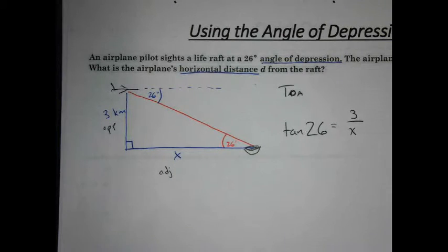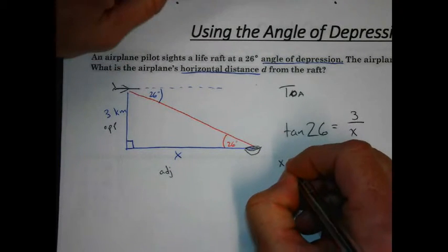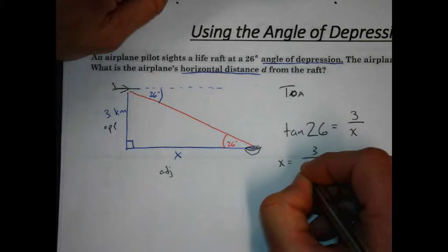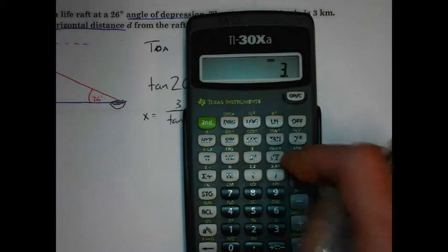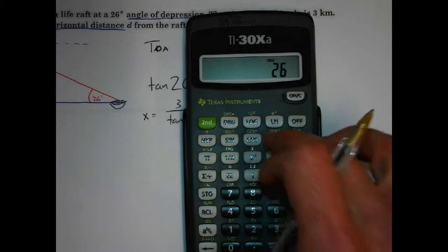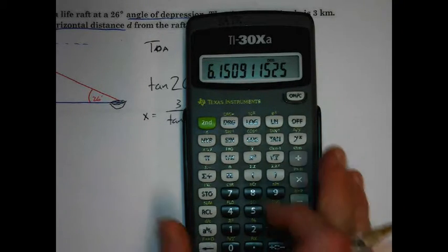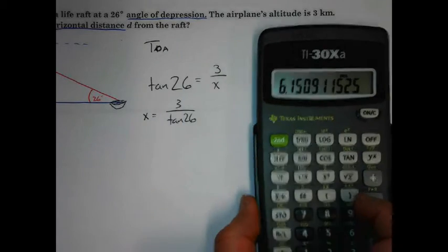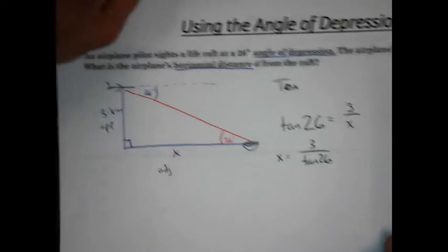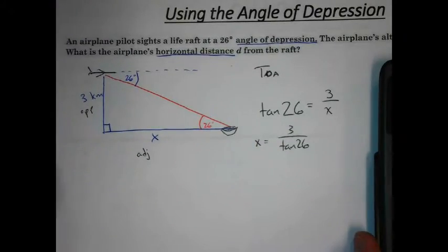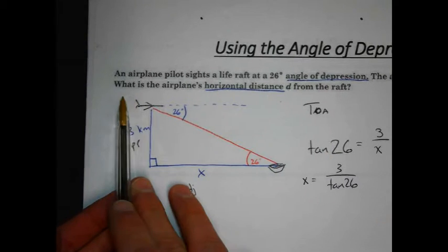That's the hard part. And so we do a little quick algebra. X would be 3 divided by the tangent of 26, and that's where the calculator comes in. So we'd have 3 divided by tangent of 26, and that would give us 6.15 kilometers. So now, before I answer the question, we got to look at, do we round it or anything?